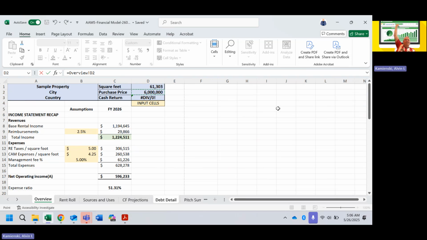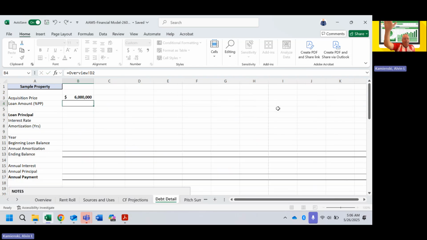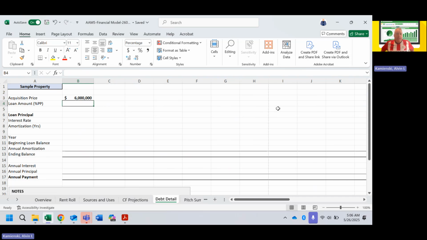That's the number that goes into the purchase price cell, because then I have to turn around and transmit that information to the bank. And the bank goes, oh, okay, you want to borrow $6 million? Are you going to buy a property that's $6 million? Well, then the bank says, I'll give you a portion of that.